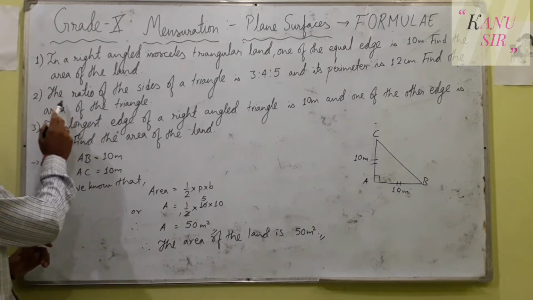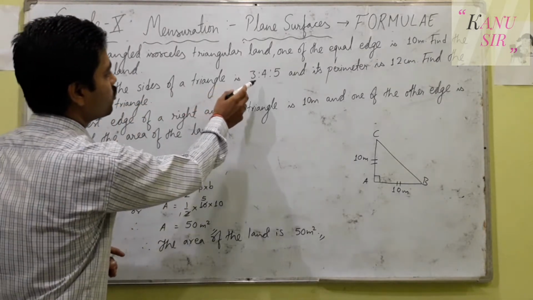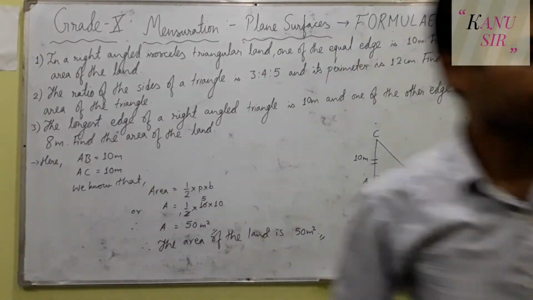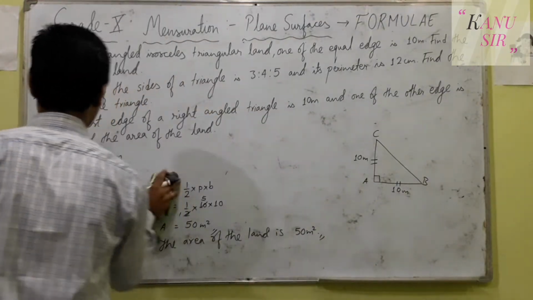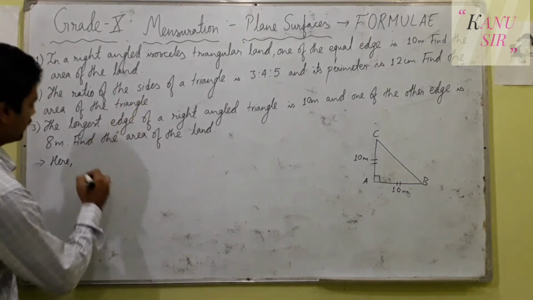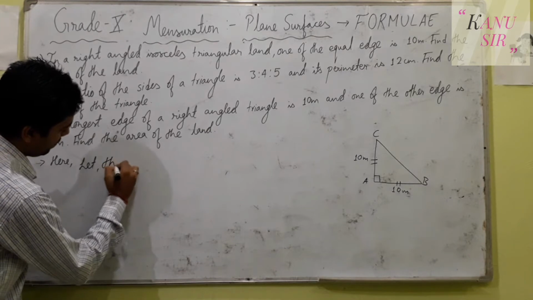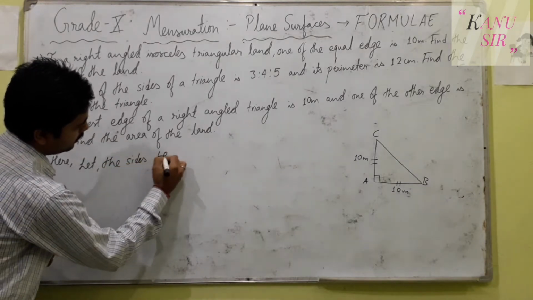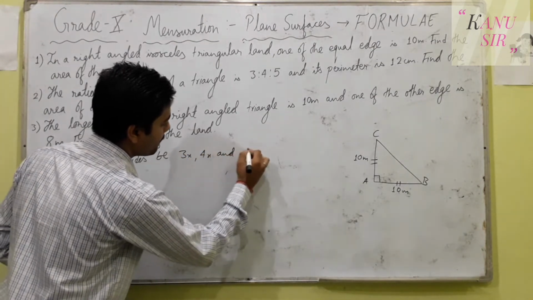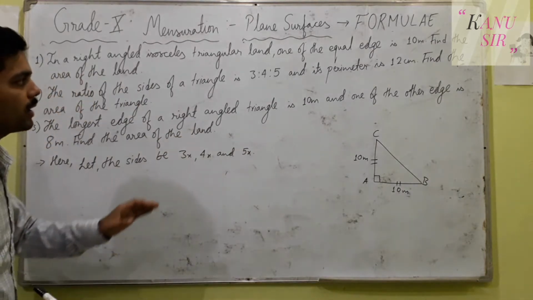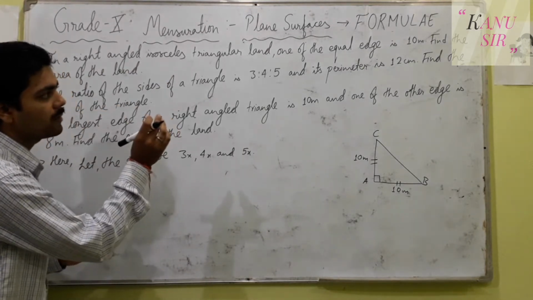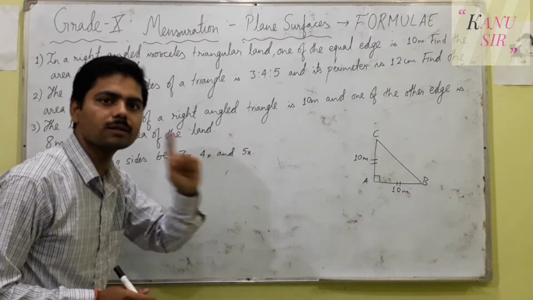In question number 2, the ratio of the sides of a triangle is 3:4:5 and its perimeter is 12 centimeter. Then what can we do? Here we will write, let the sides be 3x, 4x and 5x, and we are given that the perimeter is 12 centimeter. You must understand that the perimeter is the sum of all three sides of a triangle.